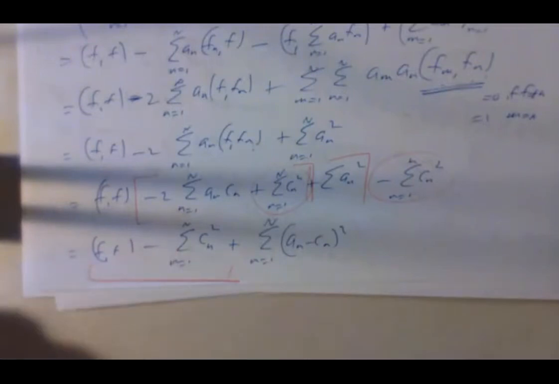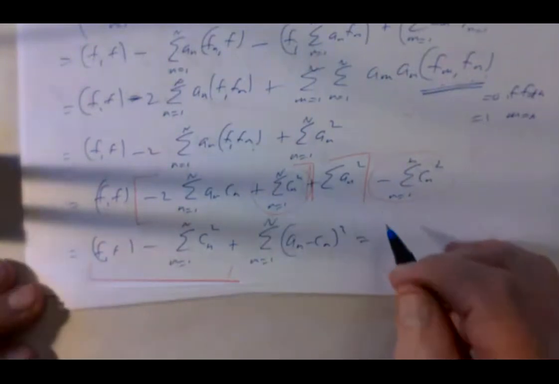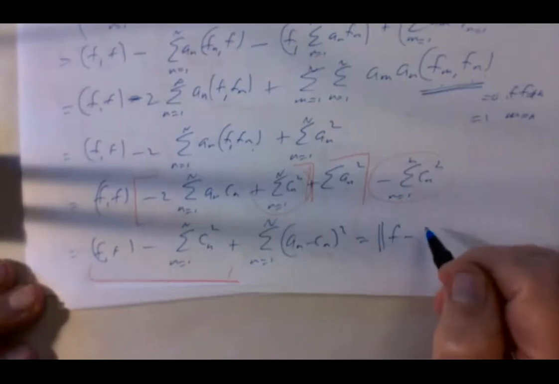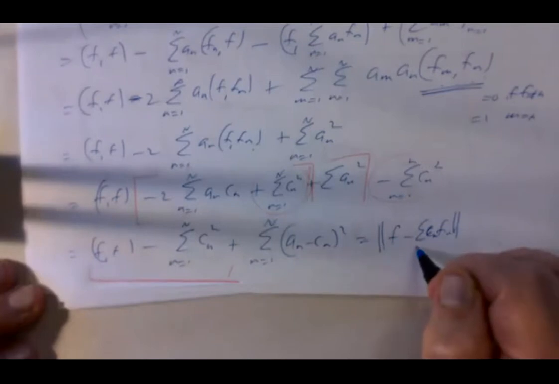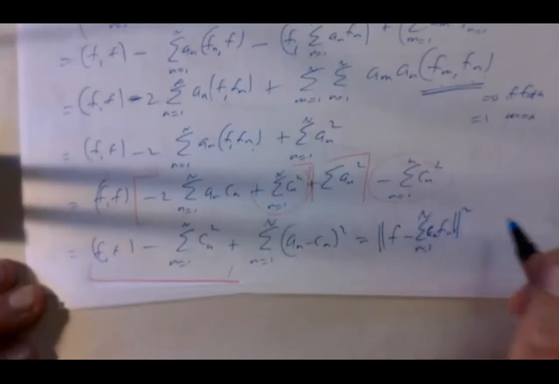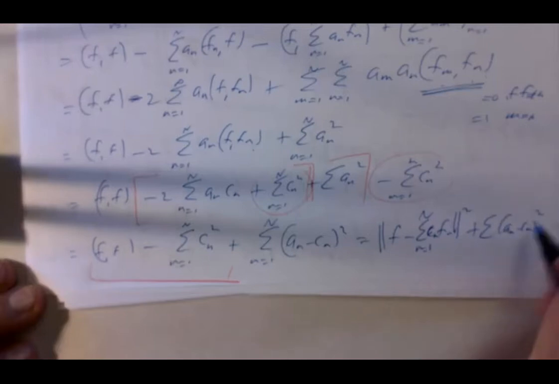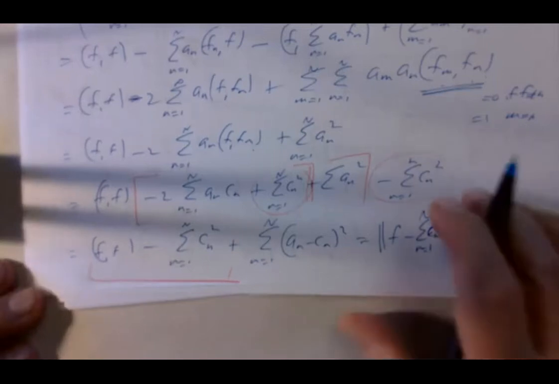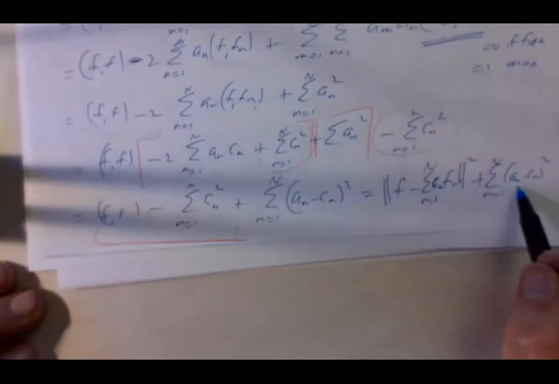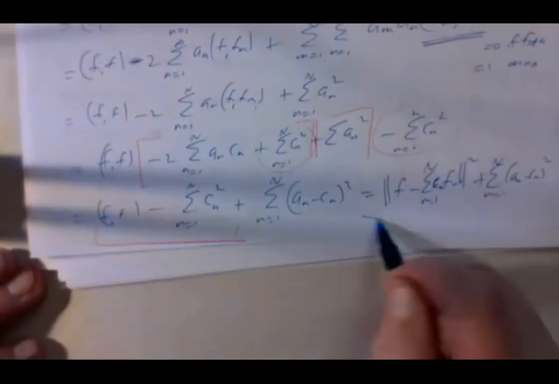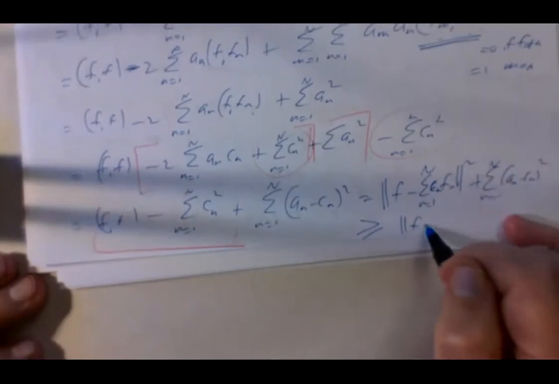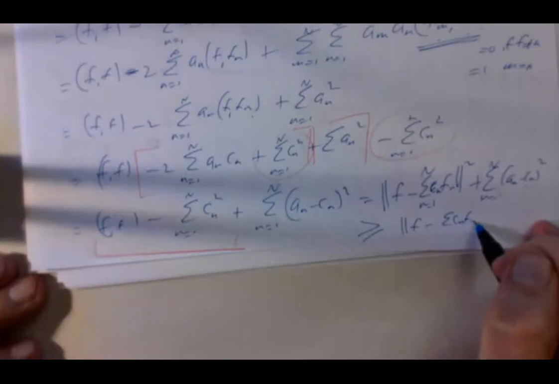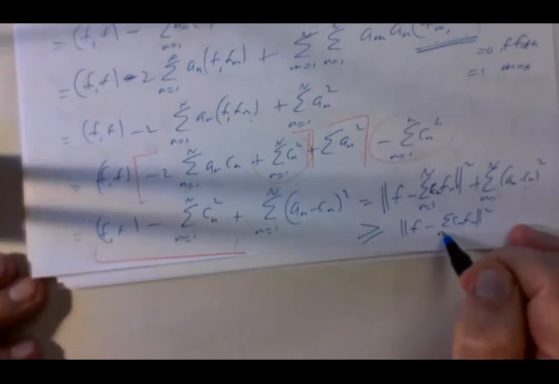So this expression is the norm of f minus the summation of cn fn, squared, plus the summation of (an minus cn) squared. And this is a sum of squares, so it's non-negative. So I only get something smaller if I throw this away. And what I get is the norm squared of f minus the summation cn fn.